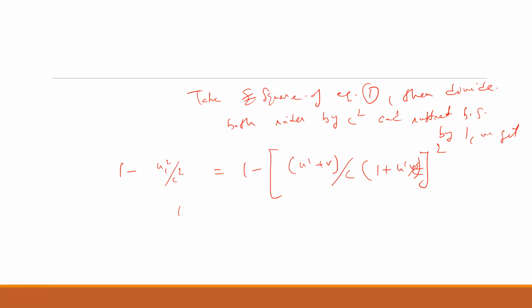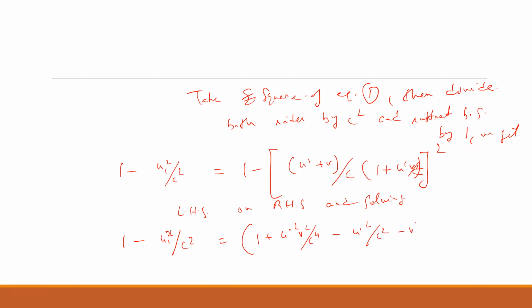Okay, now again taking LCM on the right hand side and solving, we will get 1 minus u1 square by c square equals to 1 plus u dash square v square by c4 minus u dash square by c square minus v square by c square divided by 1 plus u dash v by c square whole square. Equation number 4.